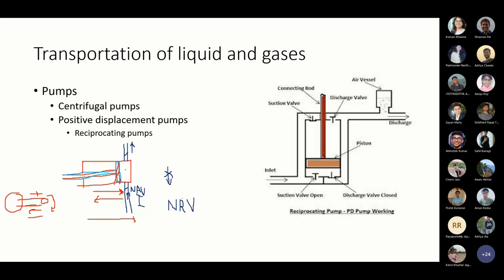Let's say initially air is present. What will happen when the piston is moved from here to here? What will happen?